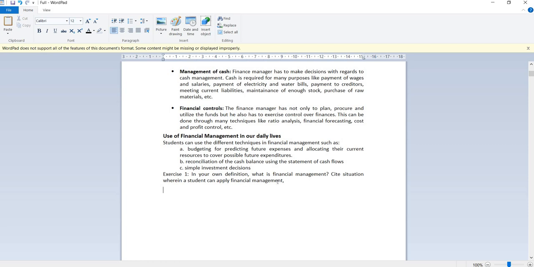Next is the reconciliation of the cash balance using the statement of cash flows. So, sometimes may mga classmates tayo na memorize, or tayo mismo na memorize natin yung ginagastos natin in a week. So, for example, again your daily allowance of 100, and then ang na-compute mo lang na nagastos mo for this week is, let's say, 650.